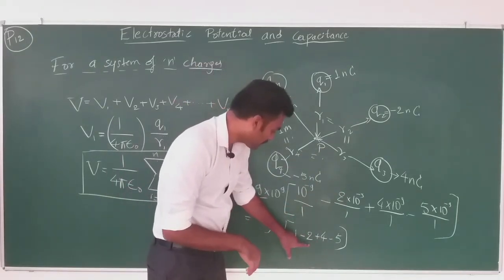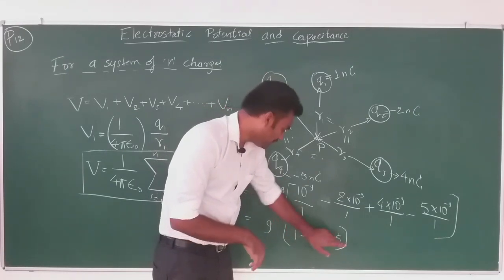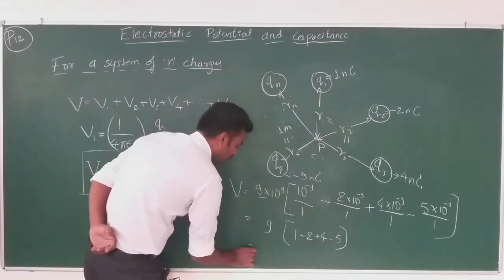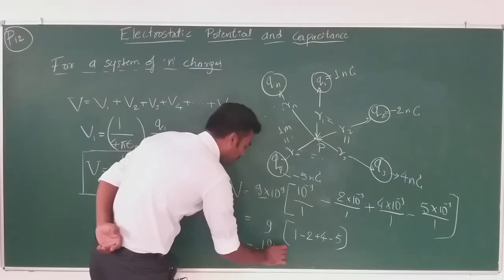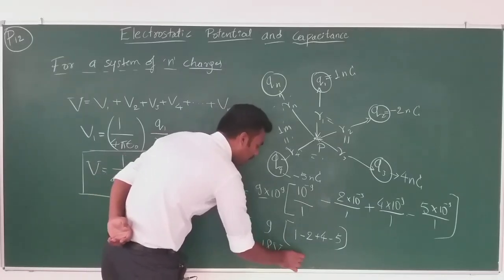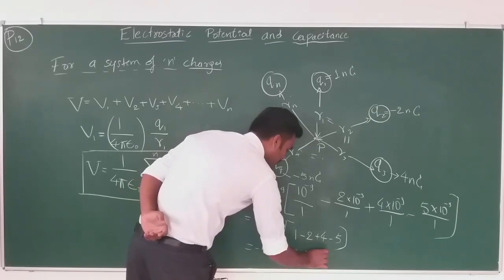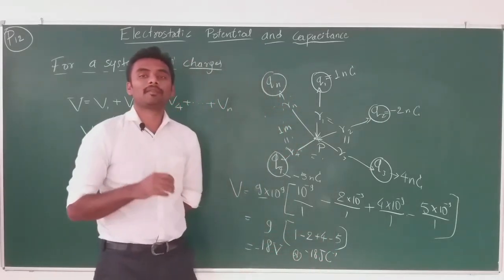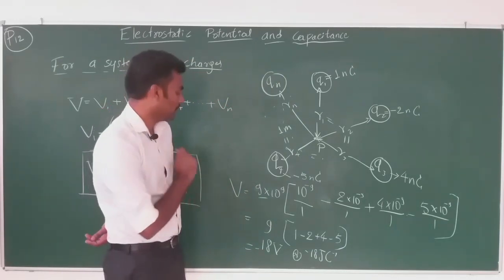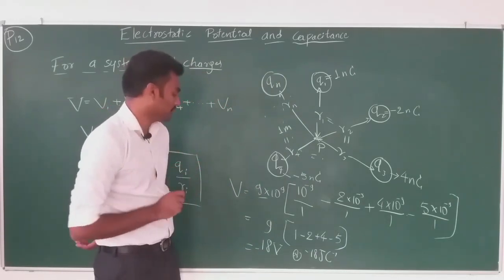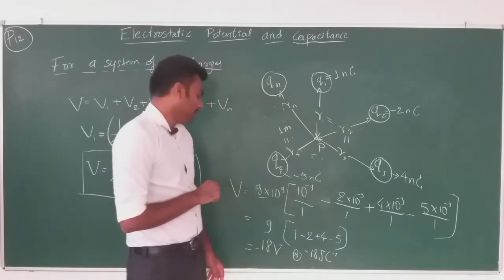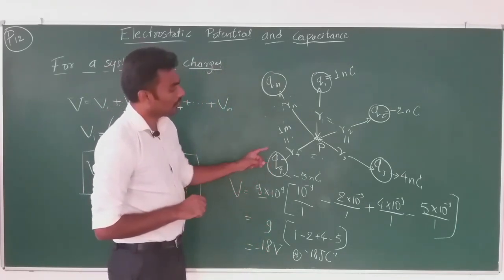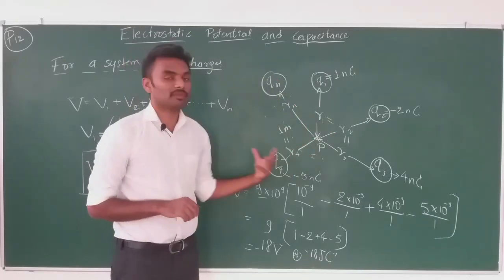What is left inside is 1 plus 4 is 5, 5 and 5 will cancel, minus 2 will be left, which is equal to minus 18 volt, or minus 18 joule per coulomb. Joule per coulomb is also a valid unit for potential. Volt is also fine. So, this is how we obtain the potential at a point when a system of different charges is given.